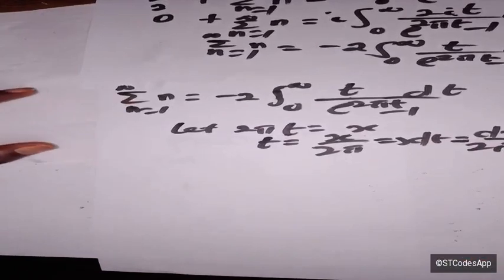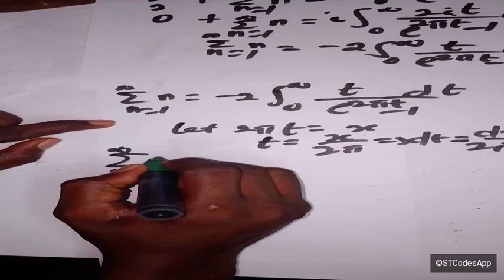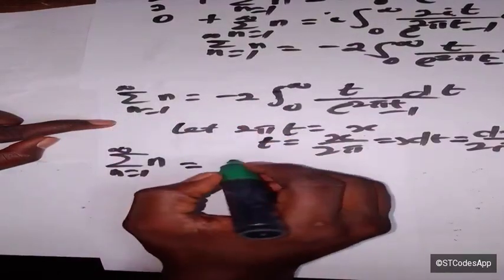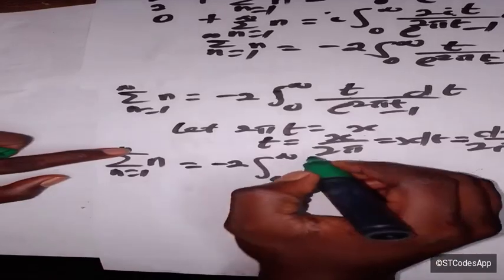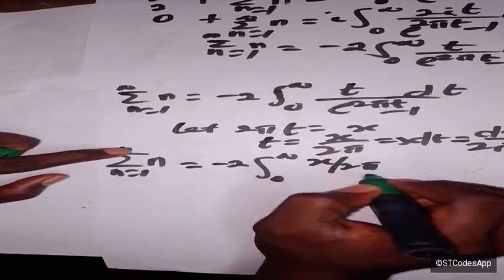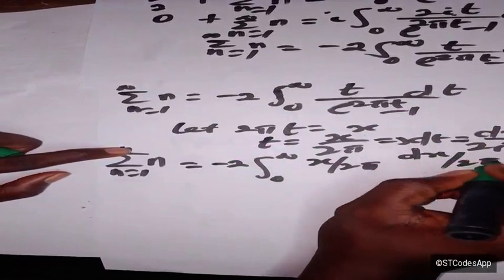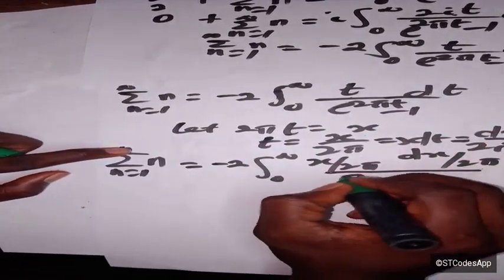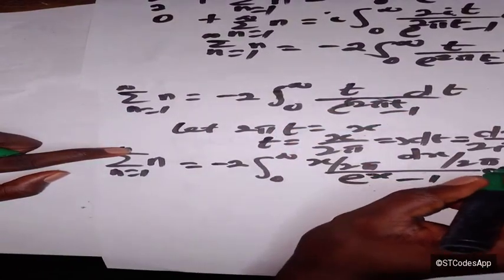Then we are going to have the summation of n from 1 to infinity of n equal to minus 2 times the integral from 0 to infinity. Since t is now x over 2π, we have x over 2π over e raised to the power of x minus 1 dx.